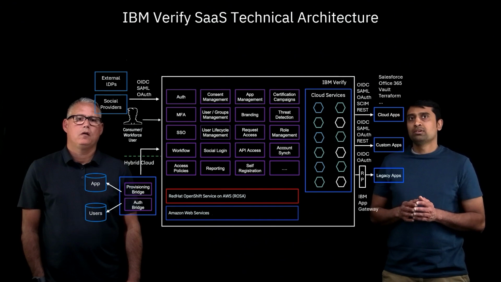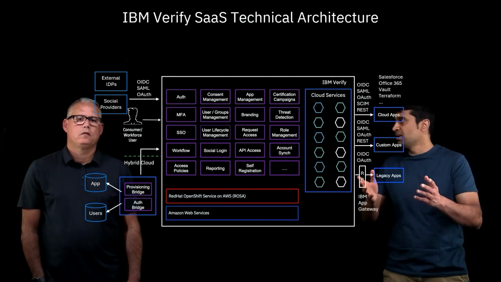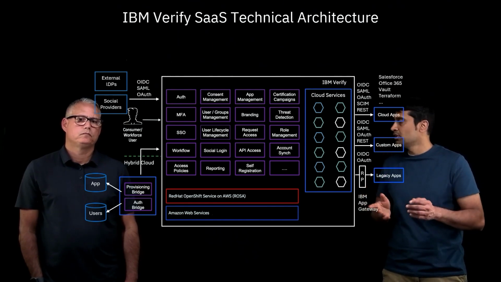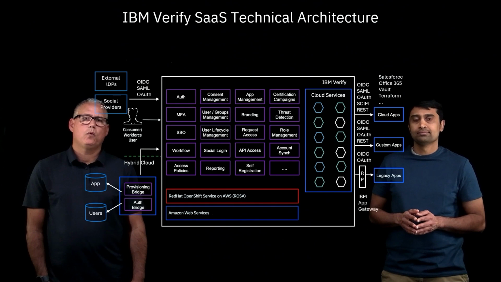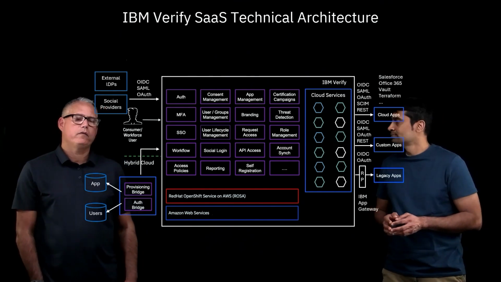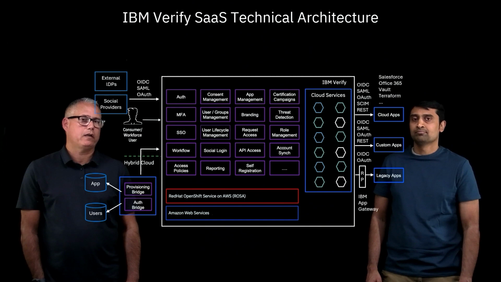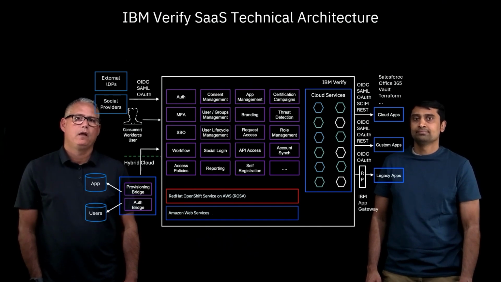Now, what about customers that have user registries deployed in an on-premise data center? How do they take advantage of IBM Verify SaaS on AWS? Yeah, one of the common occurrences that we find with our customers as we're helping them modernize their IAM system is that they have legacy user registries deployed somewhere in their enterprise environment.